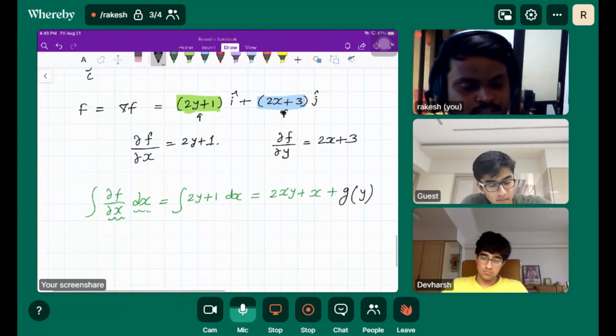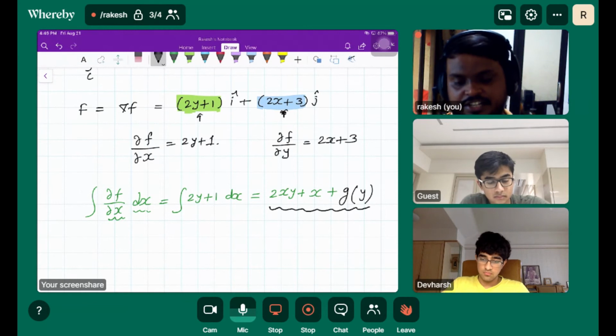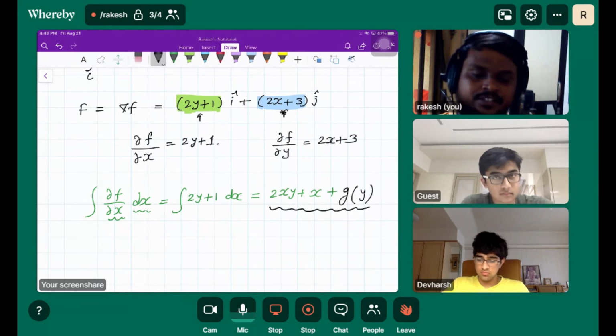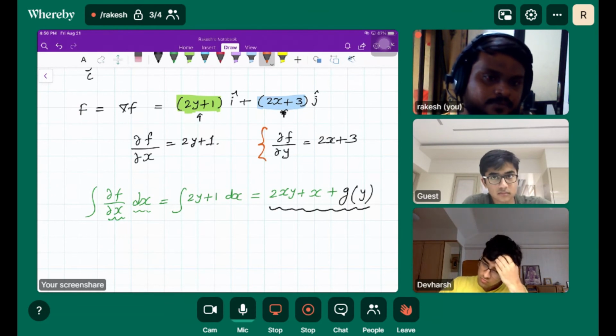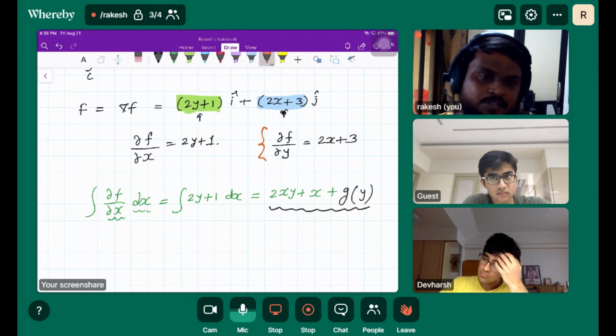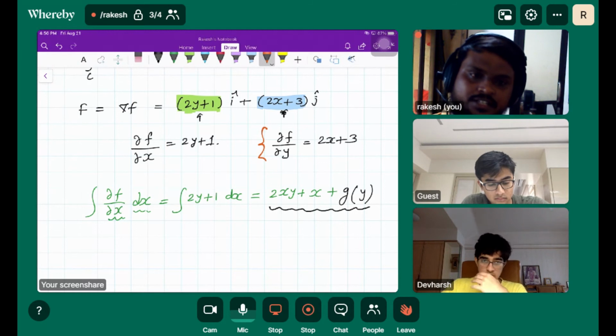Okay, now this is my function, isn't it? What else we have here is the partial derivative with respect to y. Now understand this properly. This is not yet completed. We got a function that has g of y, which is not known to us, right?